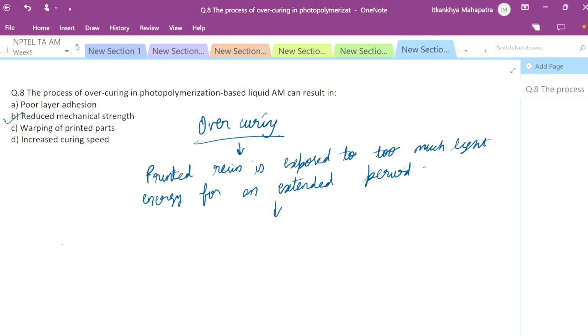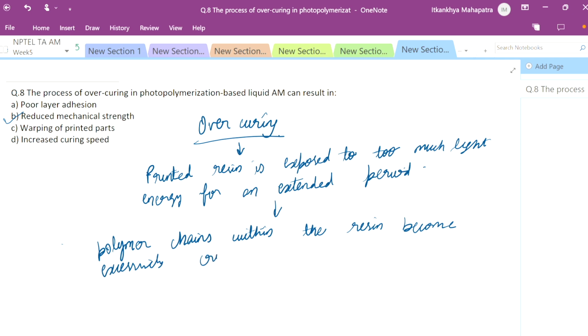Now, polymer chains within the resin become excessively cross-linked and bonded.